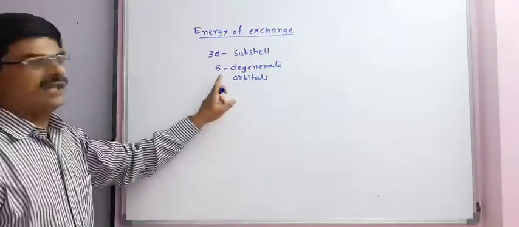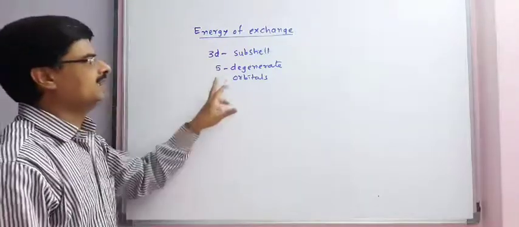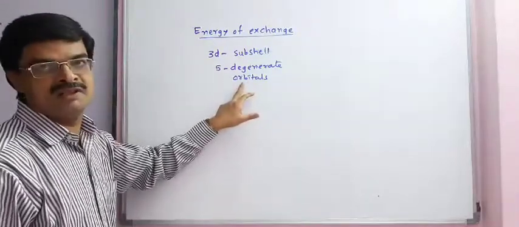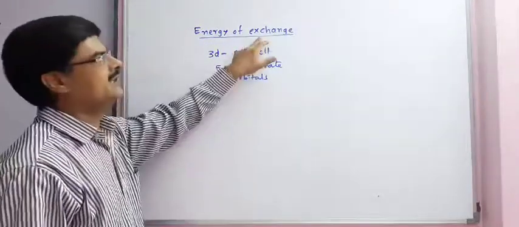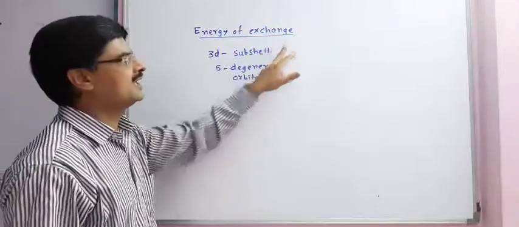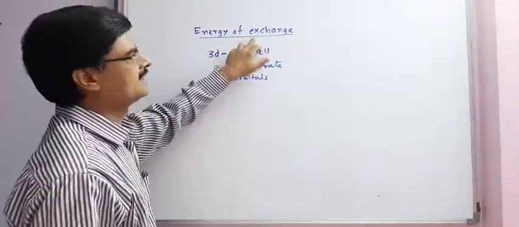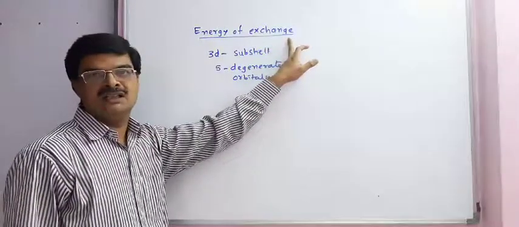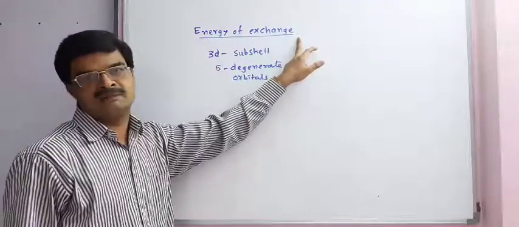Again, if more than 2 electrons are present in the degenerate orbitals with parallel spin, then exchanges are possible, and energy of exchange gives stability to that type of electronic configuration. Exchanges are more when the number of electrons is either half filled or completely filled.